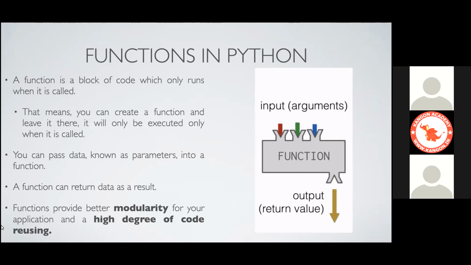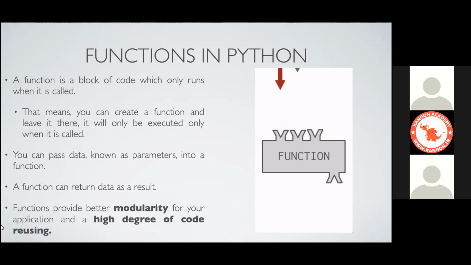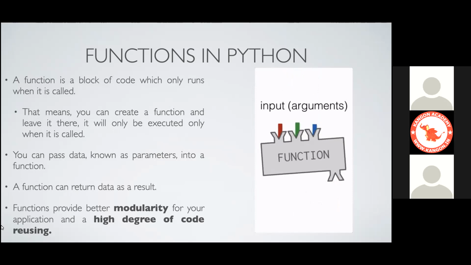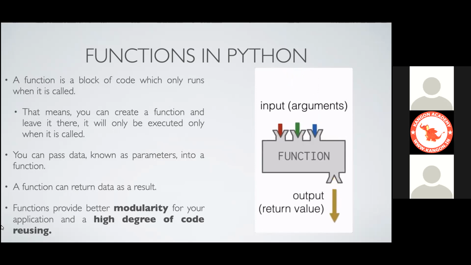For example, suppose you're writing code in Python and you need to add two numbers, and then after some time you need to add two more numbers. That addition task is carried out after an interval of time, right?